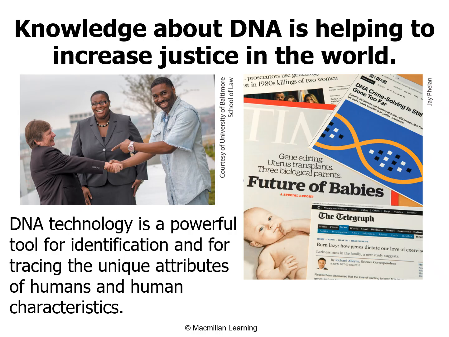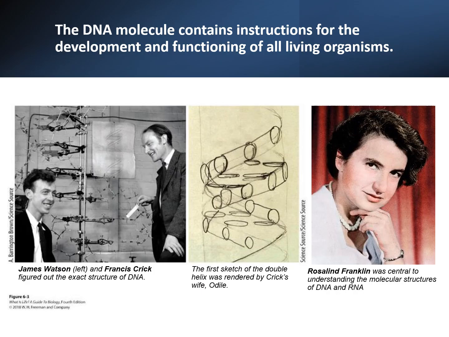We can also look at DNA very closely, but how did we get here? There are three individuals who were very instrumental in figuring out what the DNA molecule looked like and also what it contained. So we have two gentlemen, James Watson and Francis Crick, who were able to figure out the exact structure of DNA.